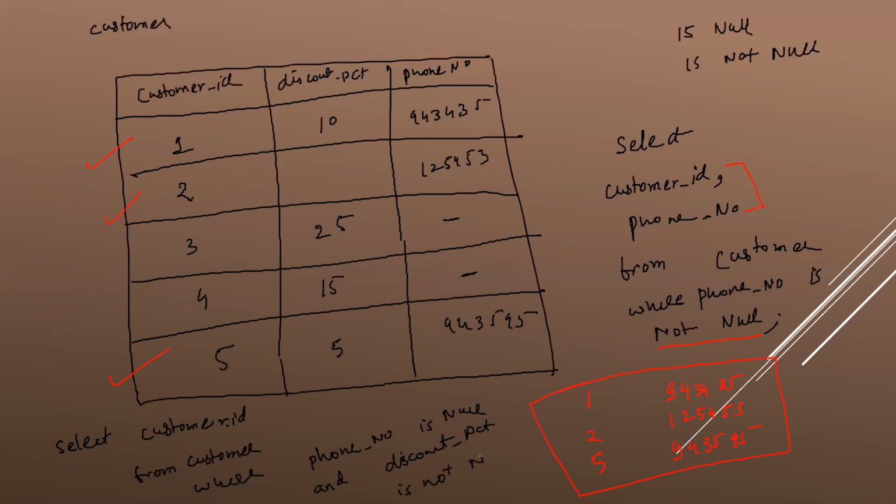The customer ID from customer where phone number is null and discount percentage is not null.